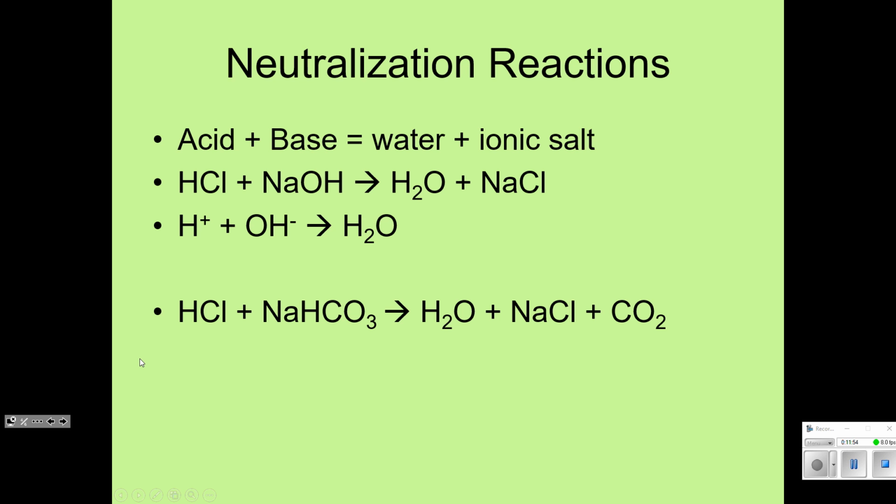This particular reaction up on the board is hydrochloric acid plus sodium bicarbonate. This is what we would do if we spilled hydrochloric acid on the lab bench. Baking soda, next to the fume hood, we pour on top of it. Baking soda is sodium bicarbonate. And what it would do is it would neutralize. How do you know it's done neutralizing? It would stop creating carbon dioxide bubbles.